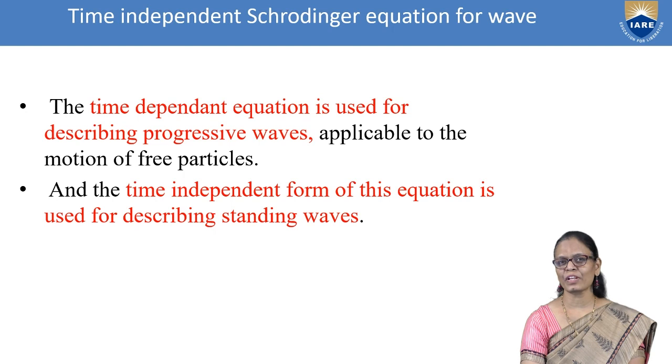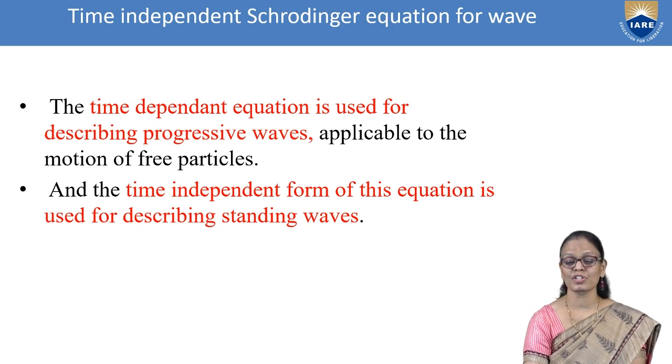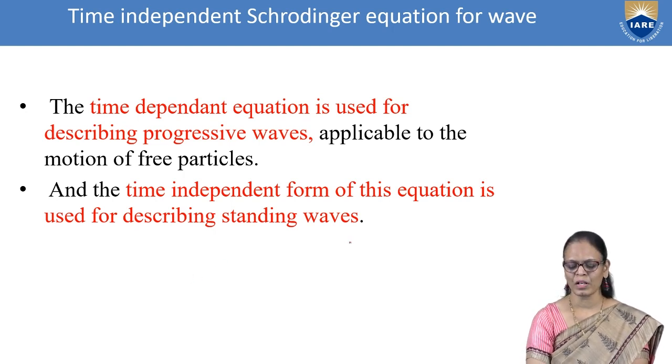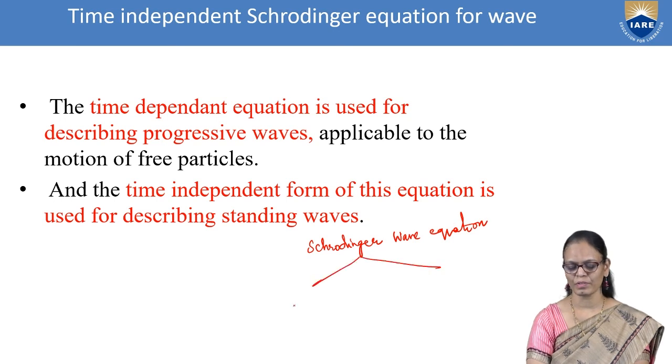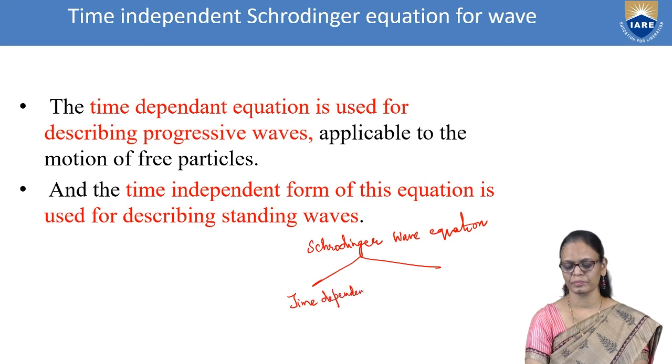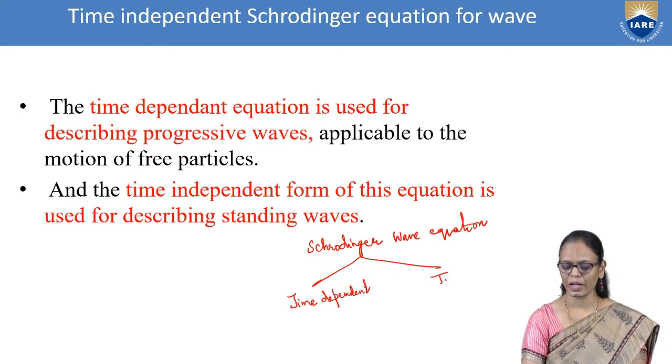Now, when we are talking about this Schrodinger wave equation, there are two types. In Schrodinger wave equation, we have the time-dependent equation, and time-independent.